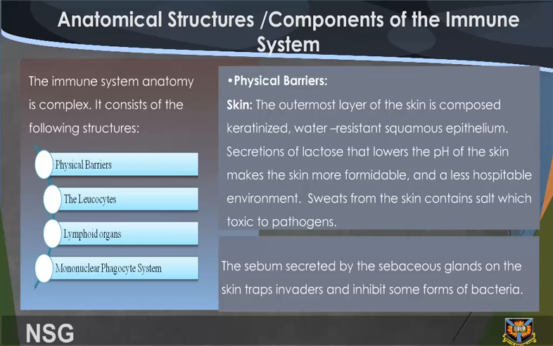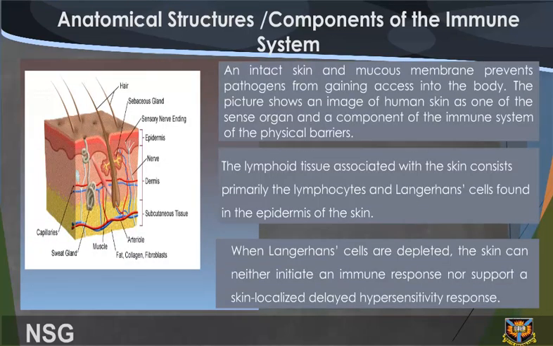Sweat from the skin contains salt, which is toxic to pathogens. The sebum secreted by the sebaceous glands on the skin traps invaders and inhibits some forms of bacteria. An intact skin and mucous membrane prevents pathogens from gaining access into the body.